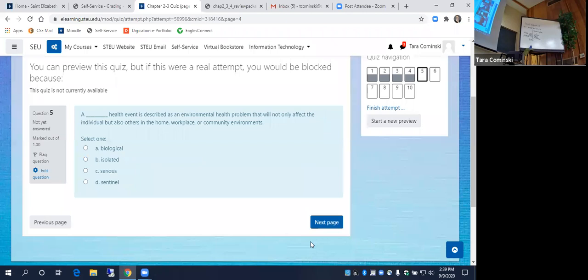For this one, what did you guys choose? D, sentinel. Now, I was just telling my other classes too, even when I was doing the lecture for this and reading through sentinel, what does it really mean to have a sentinel health event? I couldn't come up with some other great explanation of it. I think it's just being aware of the term.